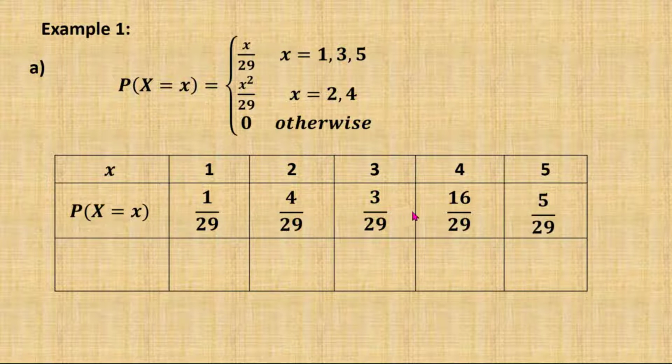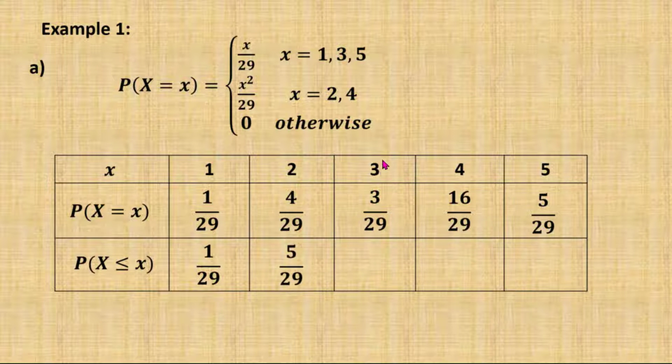From the probability distribution table, the sum of the probabilities up to and including 1 is 1 over 29. The sum up to and including 2 is 1 plus 4, which is 5 over 29.